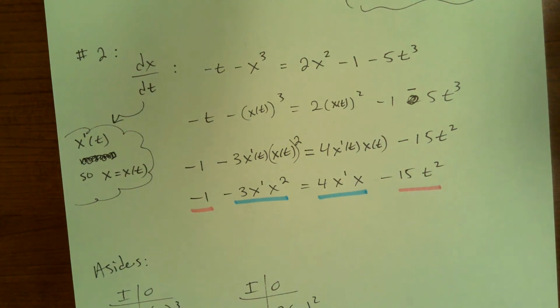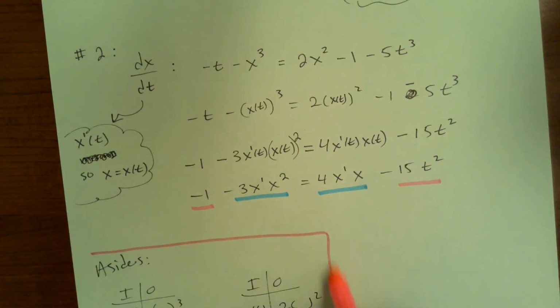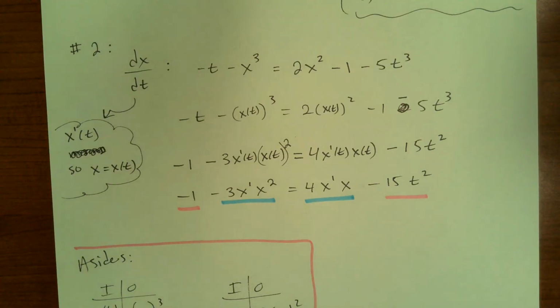You want to get the x prime terms on the left side and the non-x prime terms on the right side, and let me just section this off. Then you're going to factor out an x prime and solve that way.